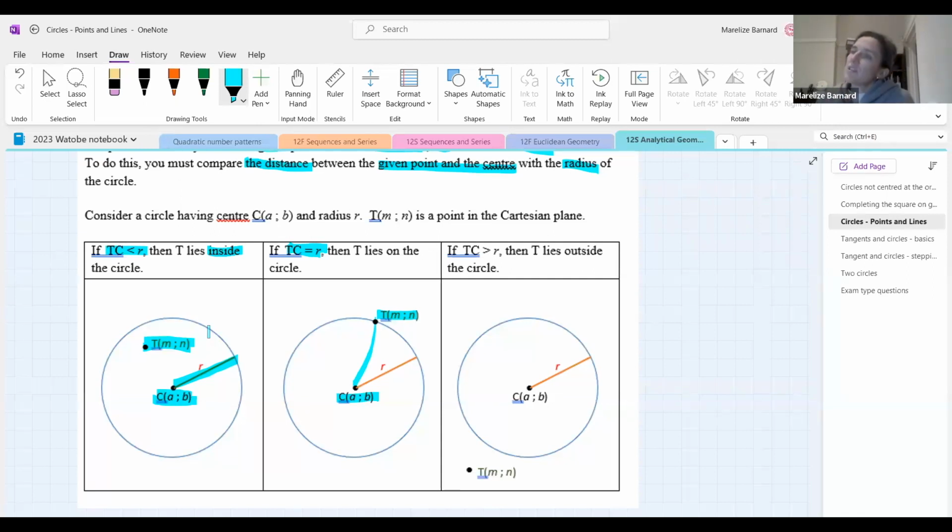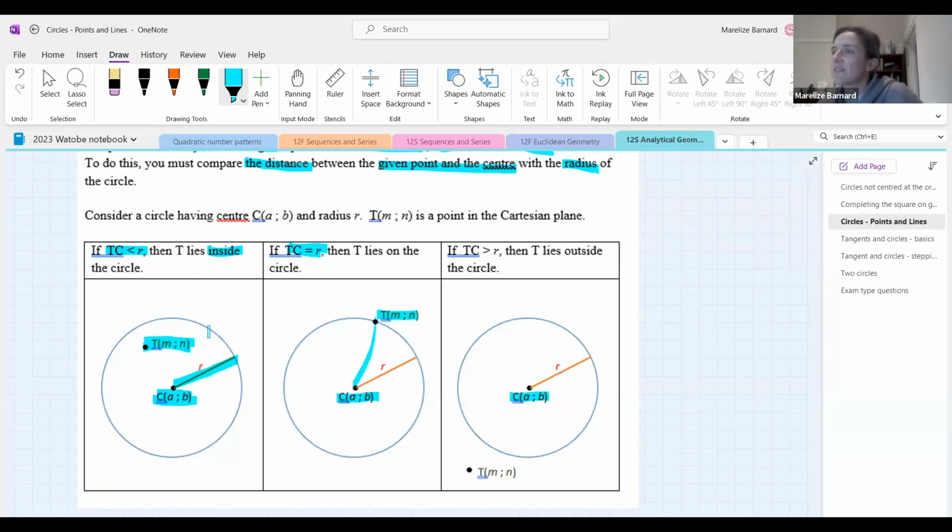And again, if you just look at the picture, that makes a lot of sense, because if the distance between that point and the center is the same as the radius, then it has to lie on the circumference, because the radius is the distance from the center to the circumference of the circle.